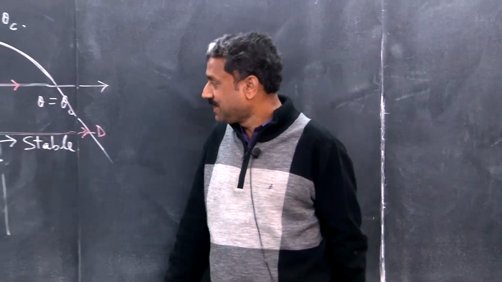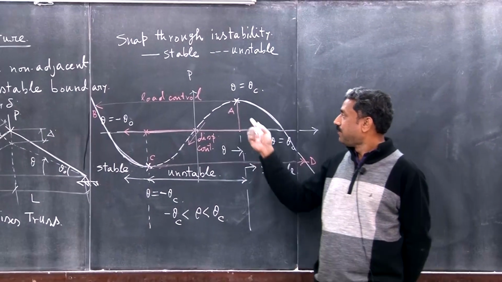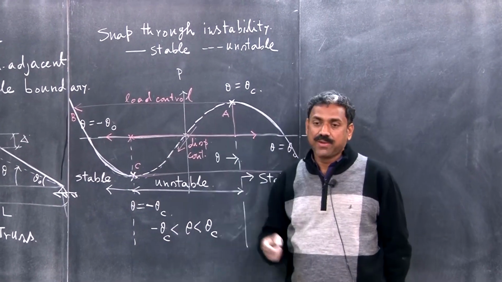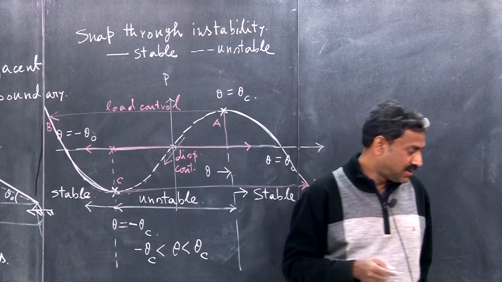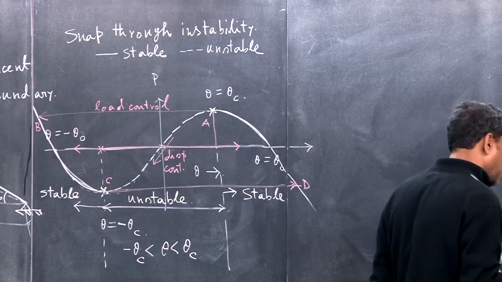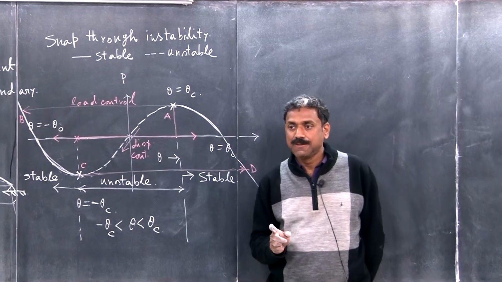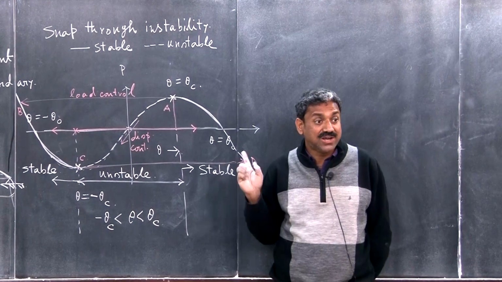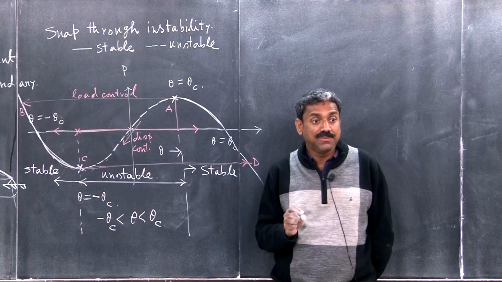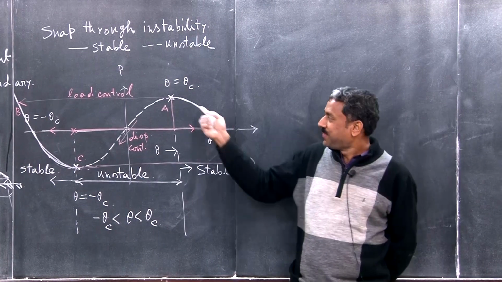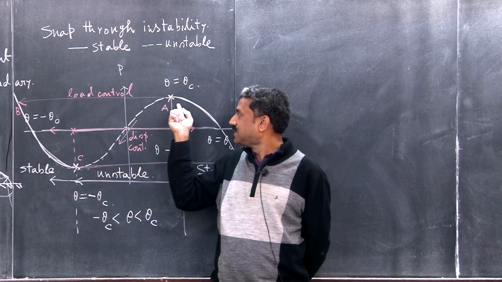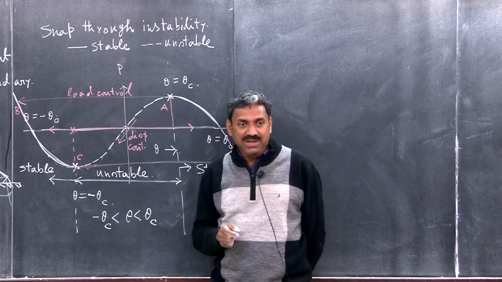Another thing you please see: when it is going from A to B, this transition, we are doing a static analysis. In none of the cases are we doing a dynamic analysis. Inertia we have not considered, static analysis. We are just simply minimizing the potential energy, right? But do you think when the system is going from A to B, it will happen statically?